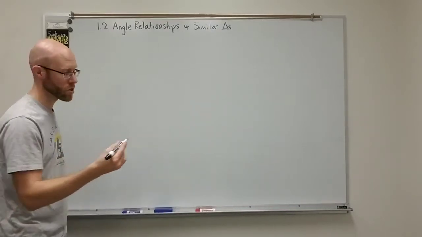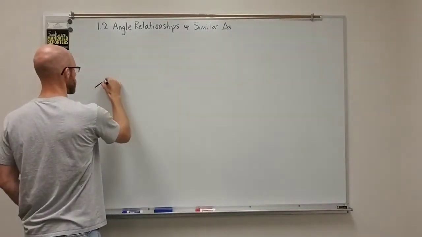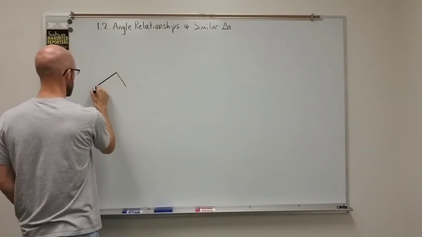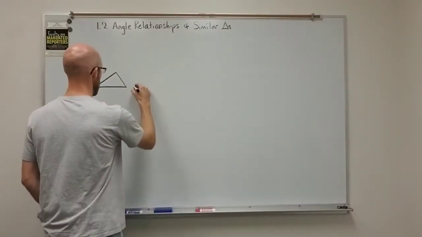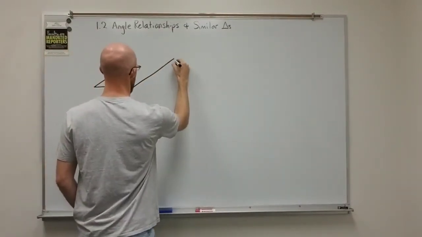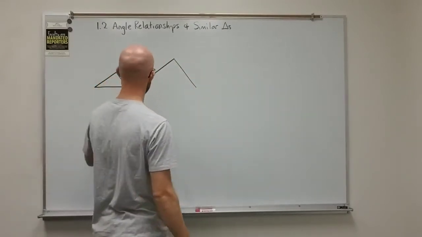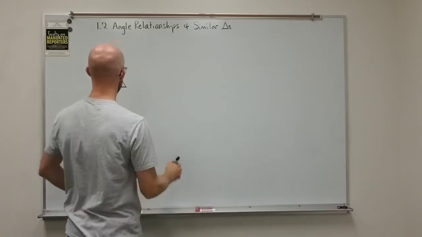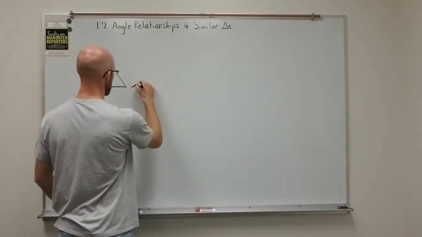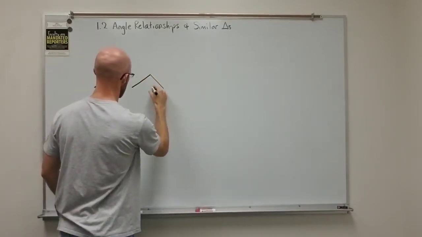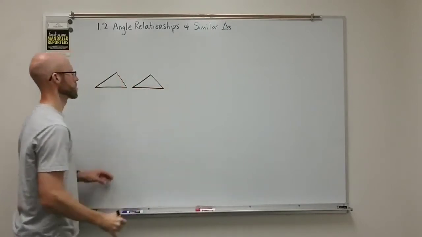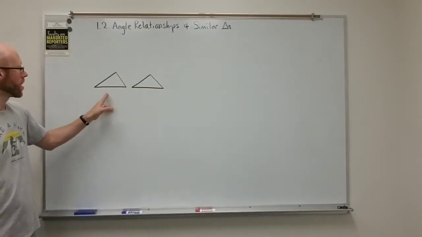That's kind of the definition. So if I had two triangles where all of the angles are the same, and all the sides are the same. Of course, these aren't perfect, but they're close.